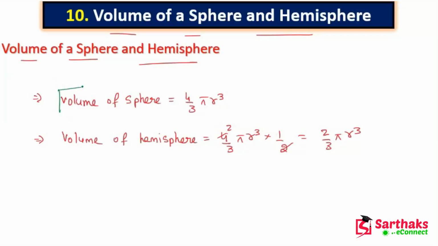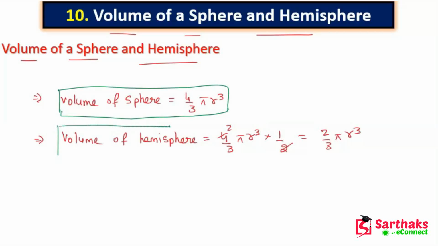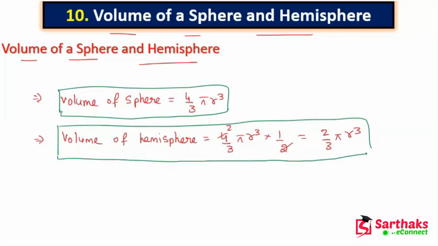I hope you get this point. So the volume of a sphere is 4 upon 3 pi r cube and the volume of a hemisphere is 2 upon 3 pi r cube.